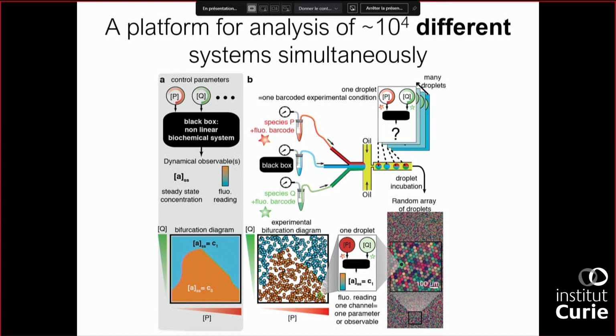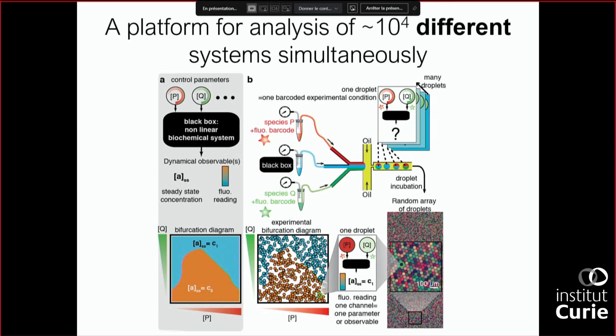So what we are going to do here is to modify the microfluidics slightly to create many droplets, all of the same size, but which don't have exactly the same content. And the content that we will change are those control parameters for the system, so the concentration of the encoding species or the concentration of the activity of the machine.